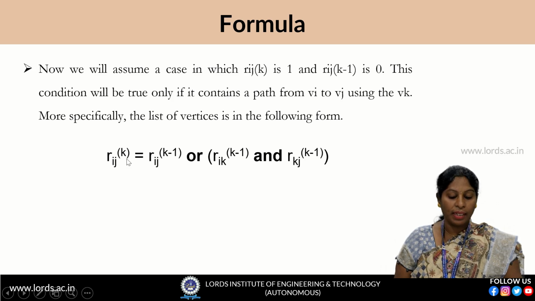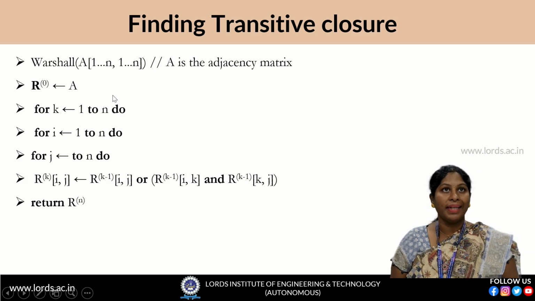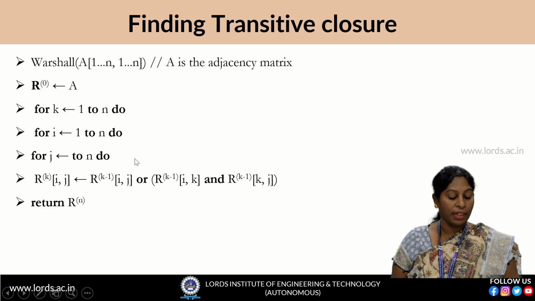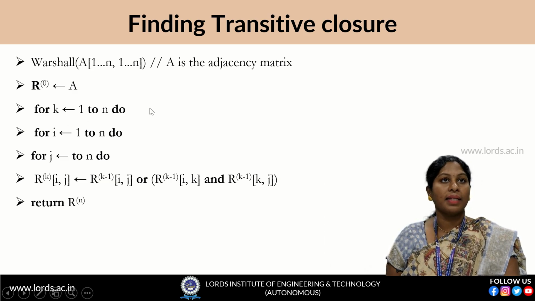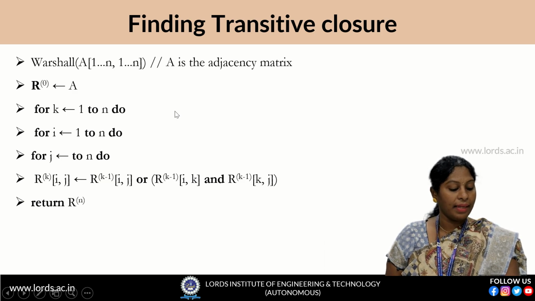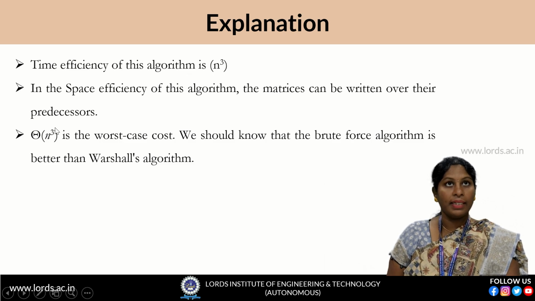Let us see a small algorithm to find an adjacency matrix. Before that, we will find the complexity of this algorithm. Let's consider a small piece of code. There are 3 loops, so we can find the complexity as n into n into n, so f of n is n cube.